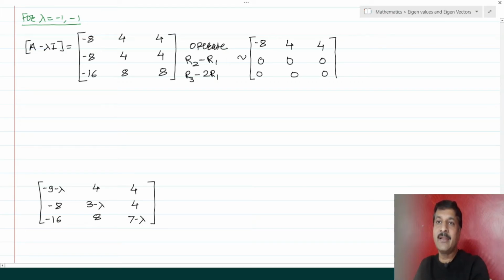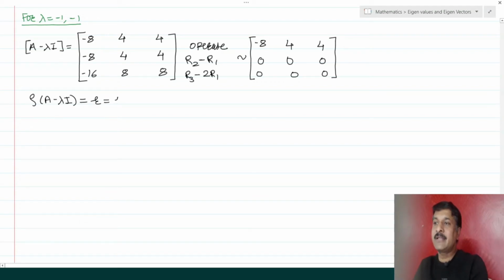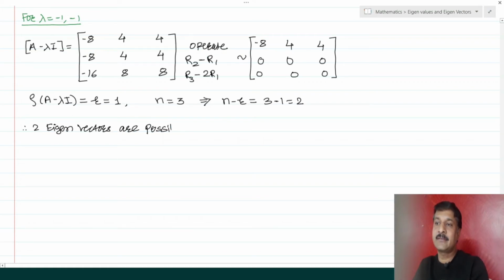So what is the rank of this matrix? The rank of A minus lambda I, if we denote it by r, I am getting 1. And n, the number of unknowns, is 3, x, y, z here. So this implies that n minus r, that is 3 minus 1, that is 2 eigenvectors are possible. Therefore 2 eigenvectors exist.